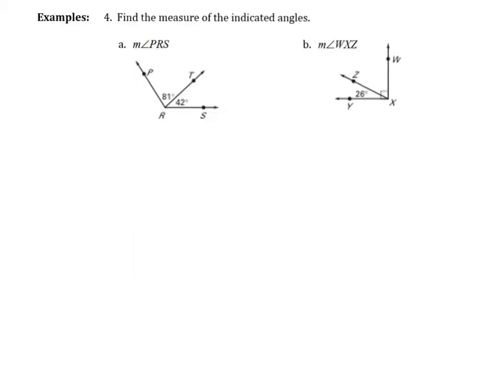For this first example down below, I'm looking for the measure of angle PRS. So obviously that's my larger angle here. And based on the angle addition postulate that I have up above, I know that the measure of angle PRS can be found by taking the measure of angle PRT and adding it to the measure of angle TRS.